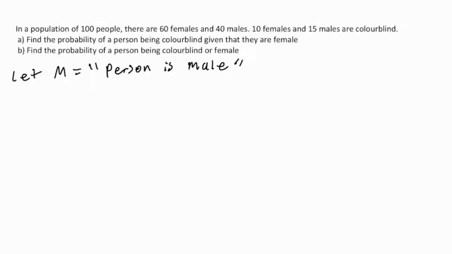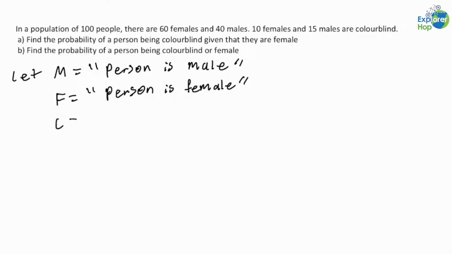Now, let's let event F be equal to the event where a randomly selected person is female. Let's let event C be the event where a person is colorblind.